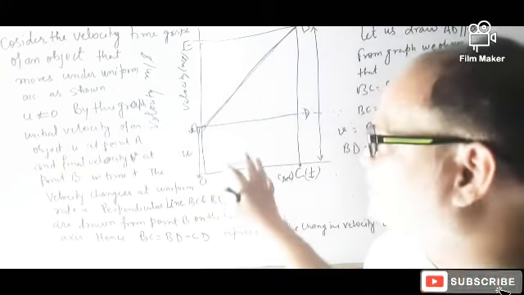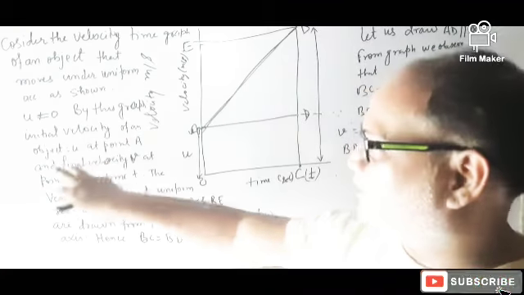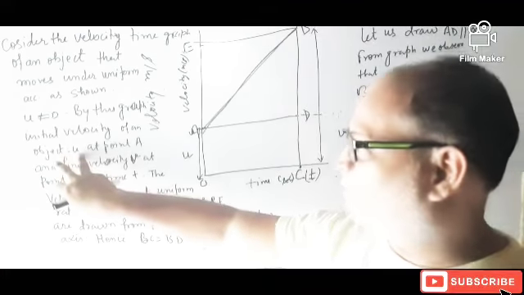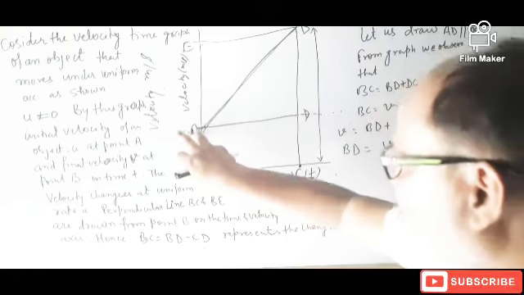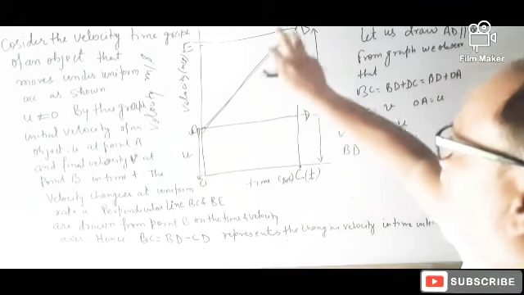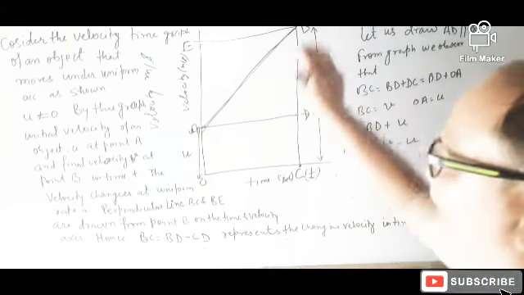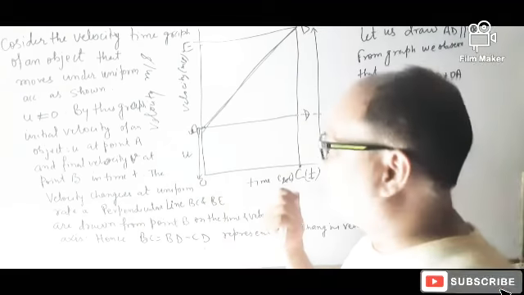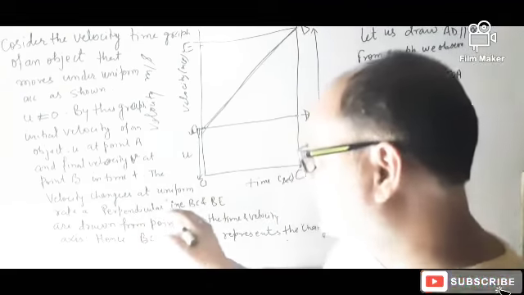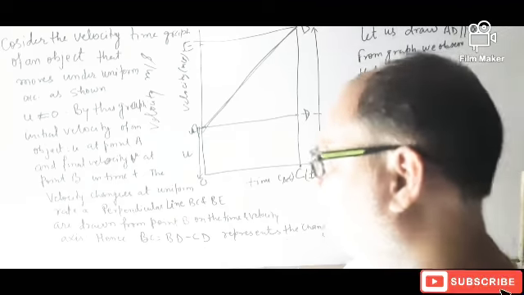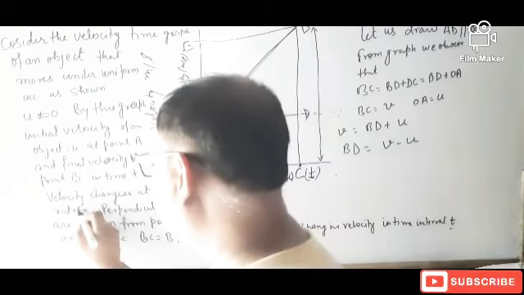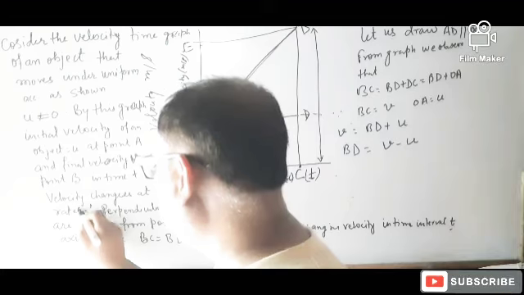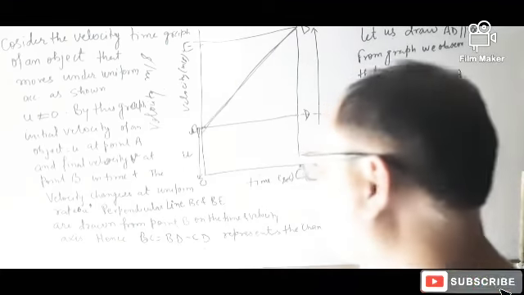According to this graph, the initial velocity of the object is taken as u, and from point A it moves uniformly to point B in a time taken t. The velocity changes at a uniform rate, the rate of acceleration a.